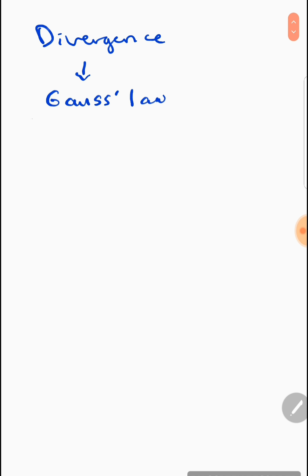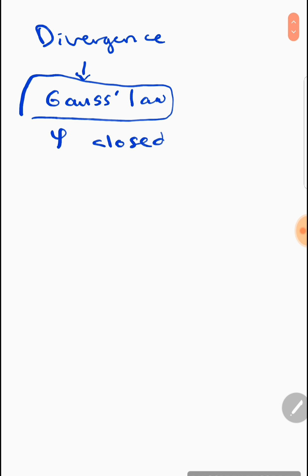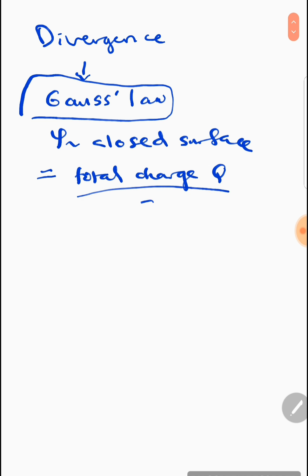Okay, so what do we need to know about Gauss's law in this video? Gauss' law states that electric flux through any closed surface is equal to the total charge Q enclosed by the surface, divided by epsilon naught.